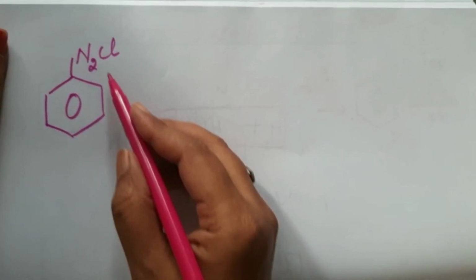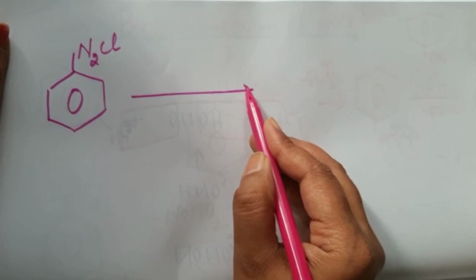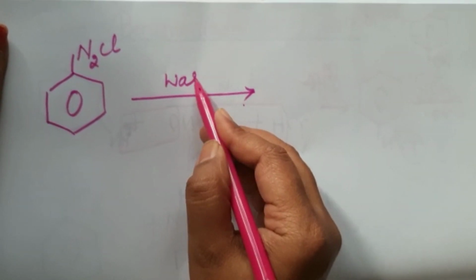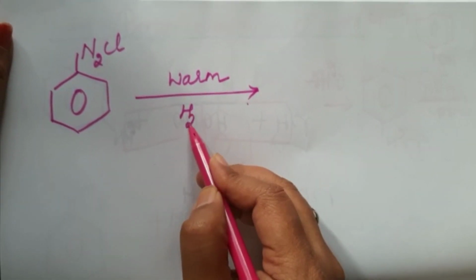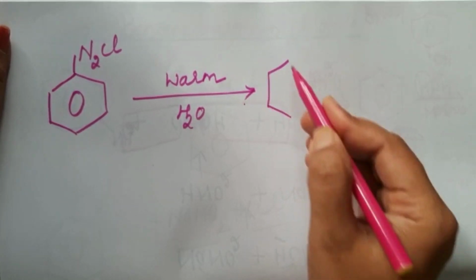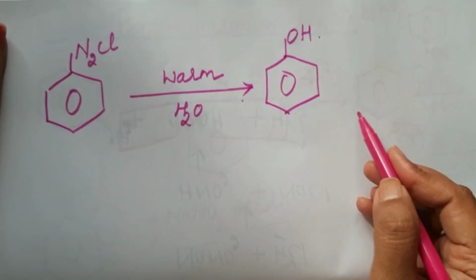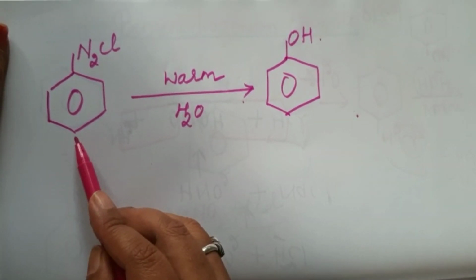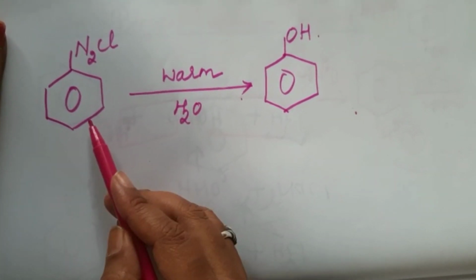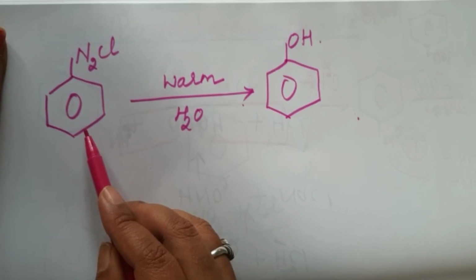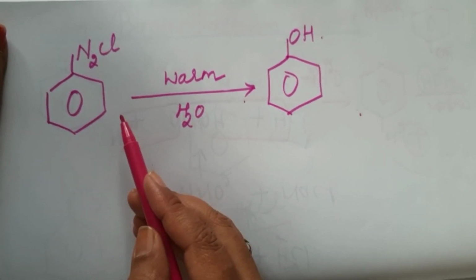Now we saw how we get benzene diazonium chloride. So benzene diazonium chloride just on warming with water will give phenol. Any type of molecule, n number of molecules, can be prepared using benzene diazonium chloride.